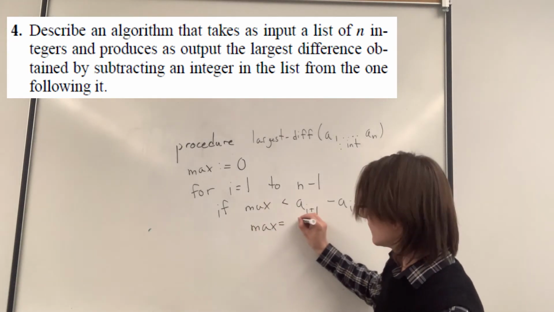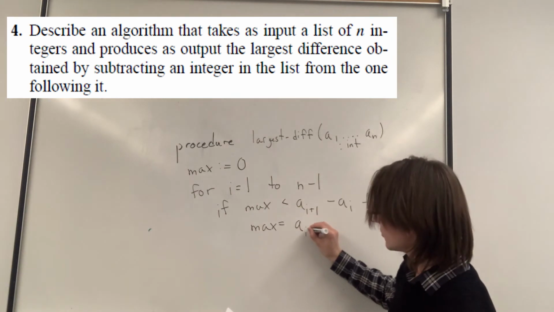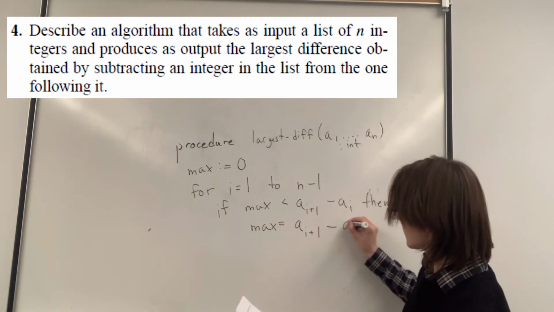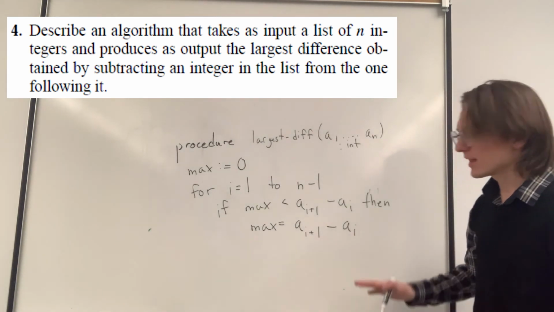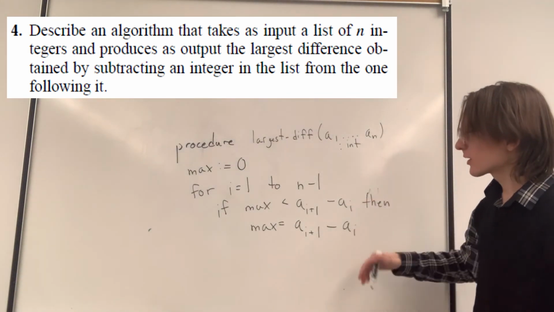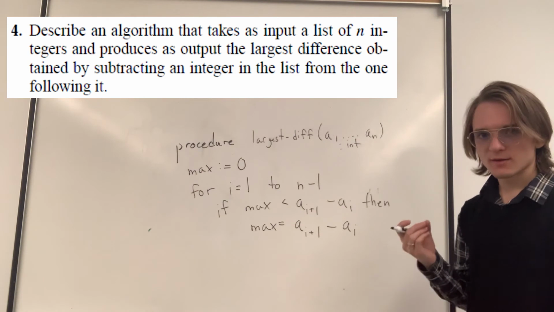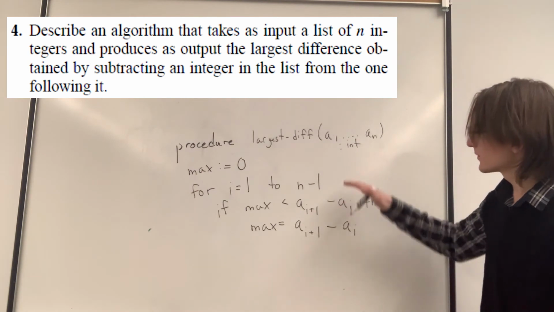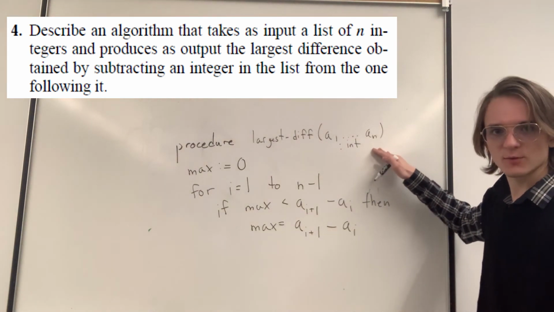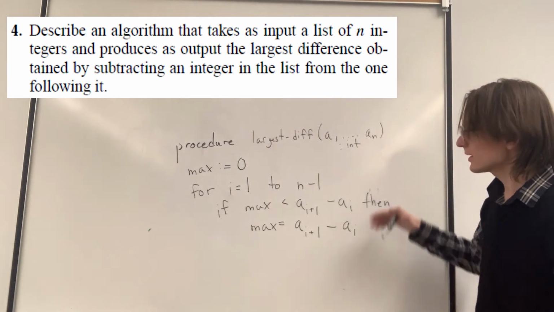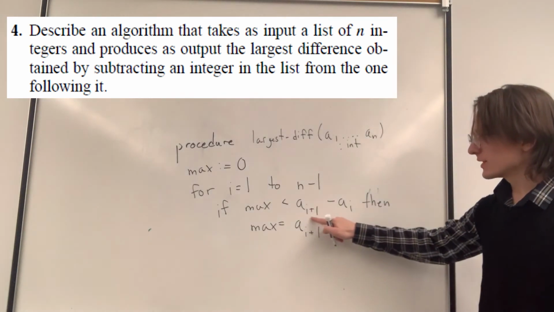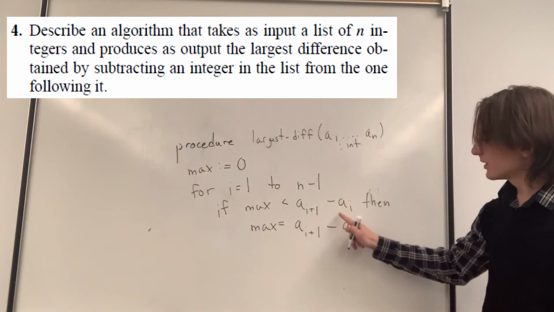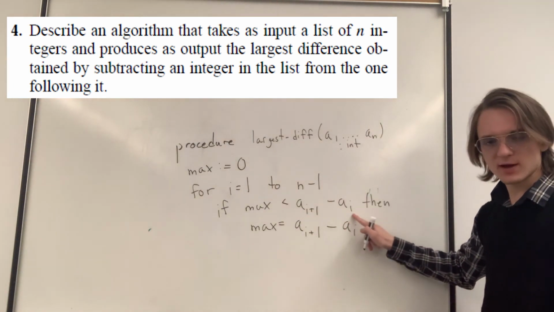Maximum will be updated. It becomes the difference between the next value and the current value. So at every step of this for loop, we're comparing the current index within our given list with the next one. We're taking the difference from the next one, so it's a of i plus 1, with the current one, a of i.